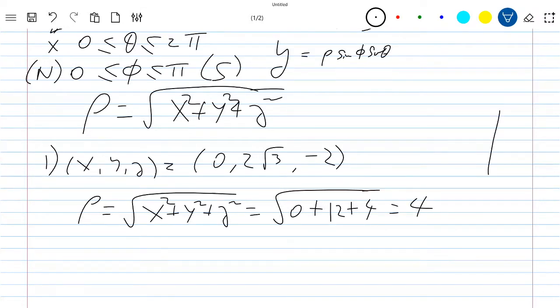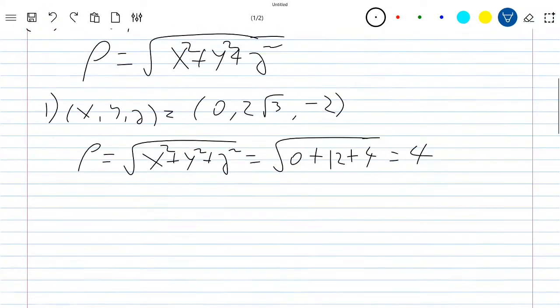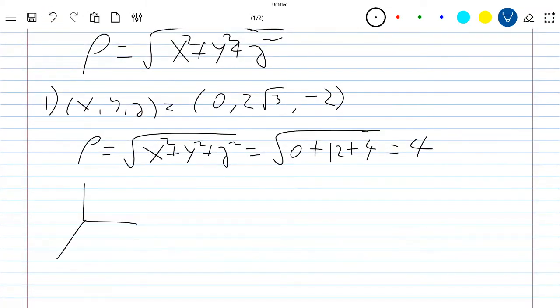Alright, to find phi, let's sketch this point. x equals 0, y equals 2 root 3, and z equals negative 2. So it's somewhere here, right? You can see if you connect them, this is phi.